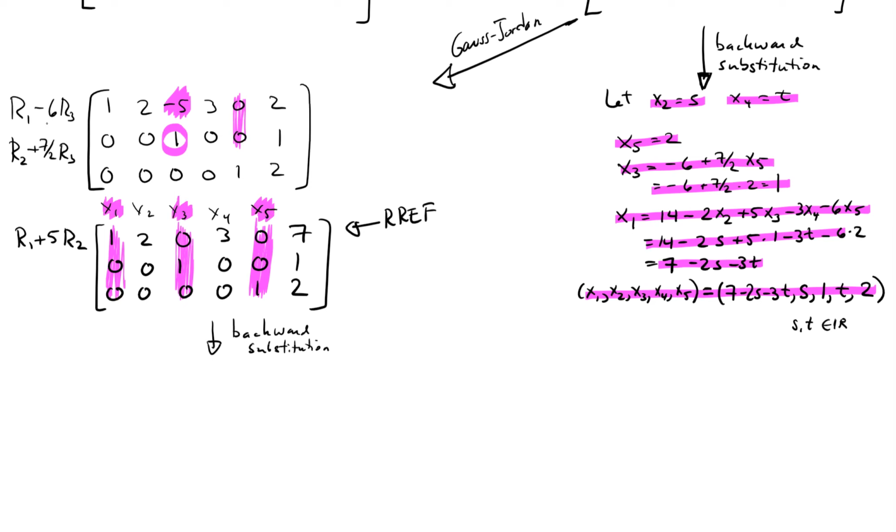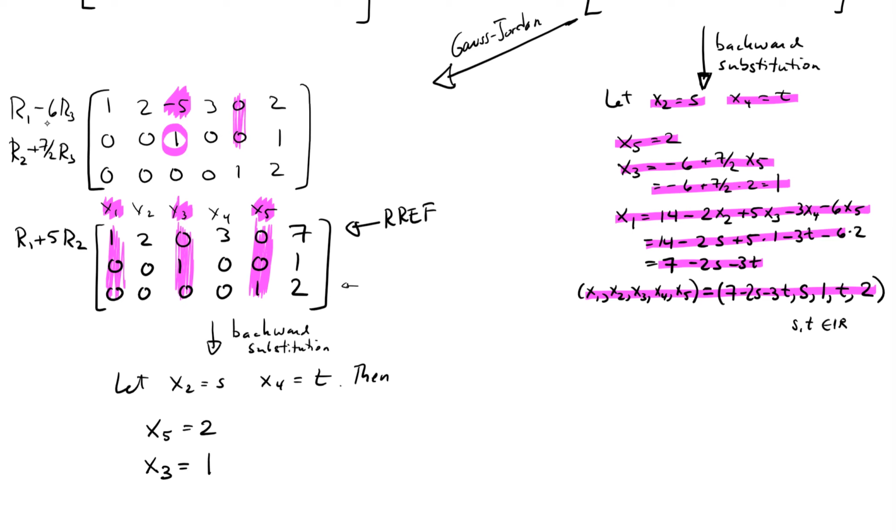Okay, so I will assign parameters to the free variables and do my backward substitution. So I start with the last equation. It says x5 is 2. That's the last one, right? This one. And after that, the second equation is x3 is 1.